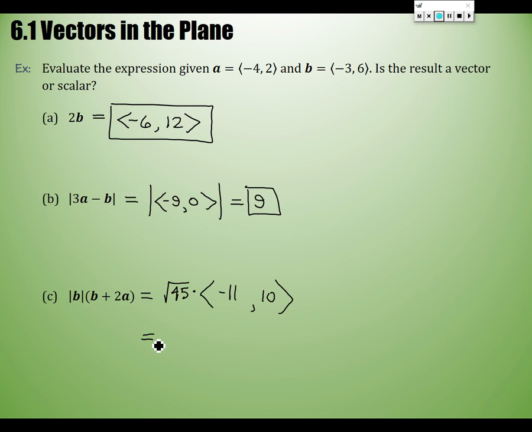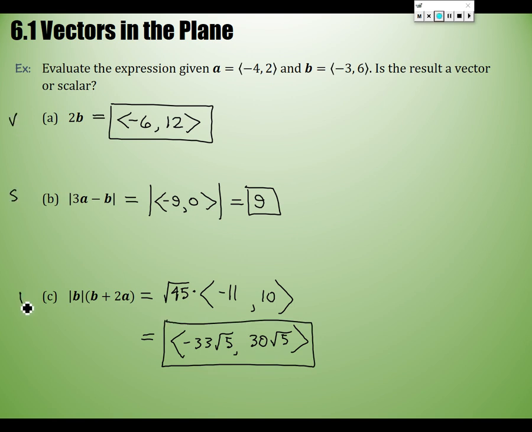Well, you can take a 3 out, or 5. Yeah, so I guess final answer maybe negative 33 root 5, comma 30 root 5. Is that a good way to write it? I don't know. And so our answer here is a vector, a scalar, and here it's a vector. And even before you did these problems, I think you can see that this is going to be a vector, this is going to be a scalar, this is going to be a vector right away.